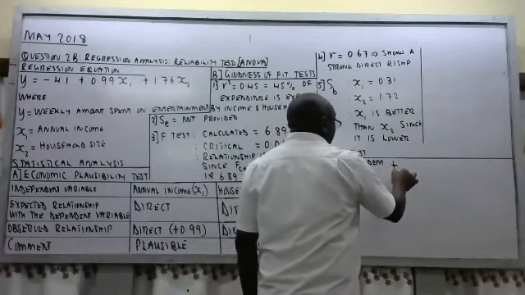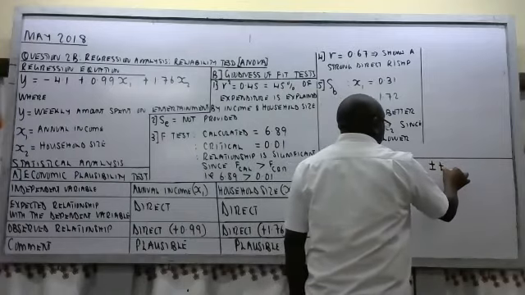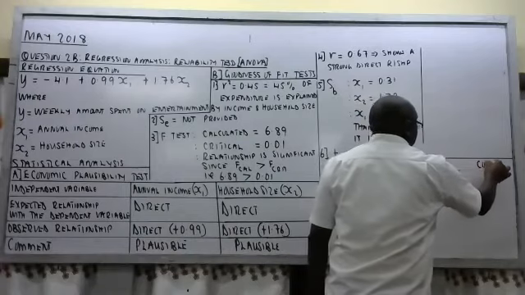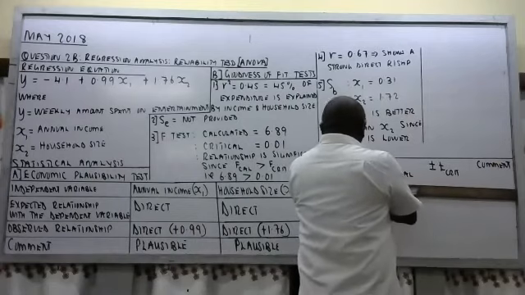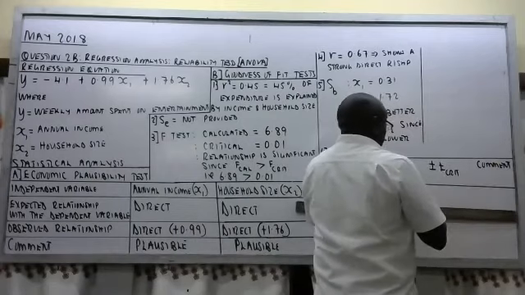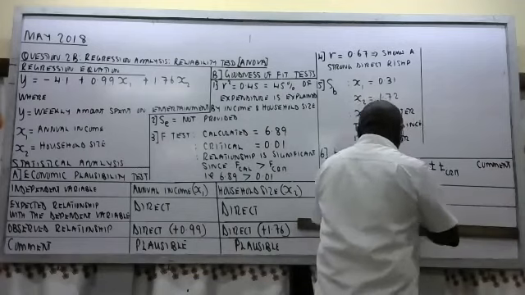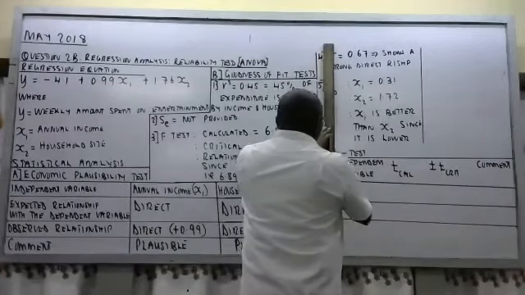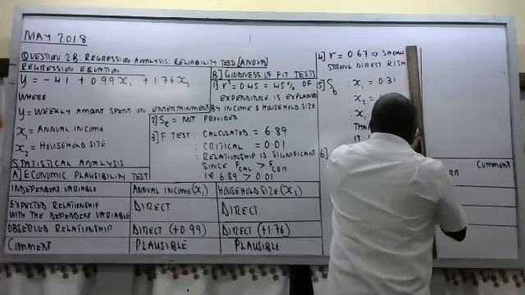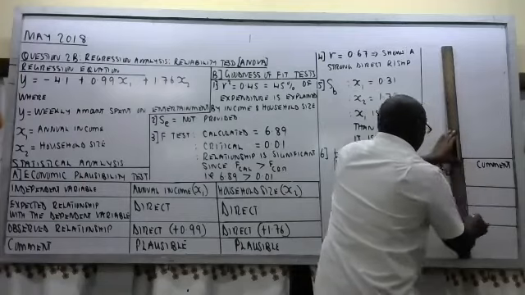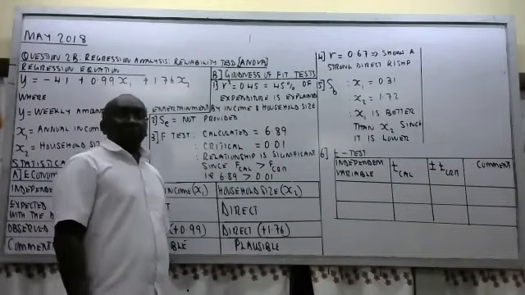I will need t calculated. I will need plus or minus t critical. And I'll need to make a comment or the conclusion whether it is significant or not significant. So this is how the t-test is summarized.